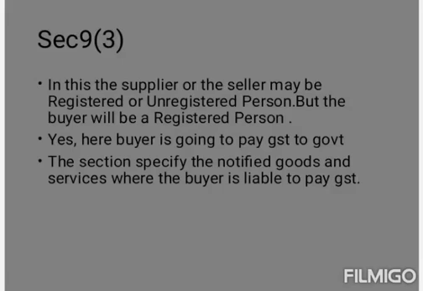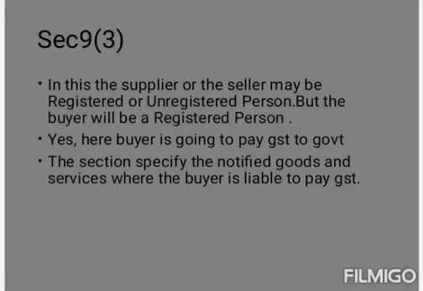Unregistered persons cannot pay GST, but registered persons will pay GST, right? So the seller or the supplier might be registered or unregistered, but the buyer is compulsorily a registered person. Section 9 subsection 3 gives the information that the supplier or seller might be a registered or unregistered person, but definitely the buyer will be a registered person. Yes, here the buyer is going to pay GST to the government.